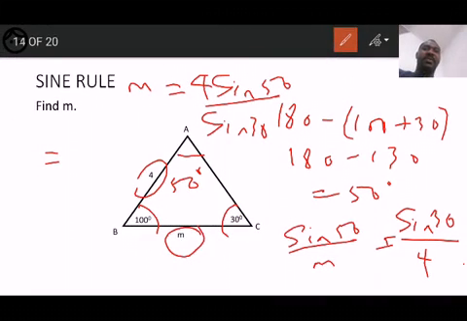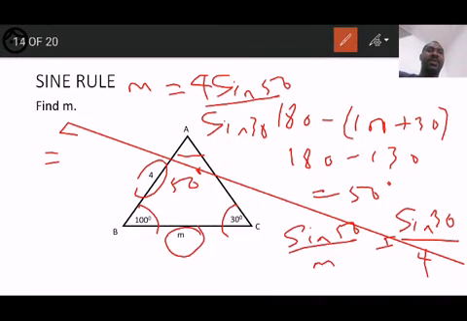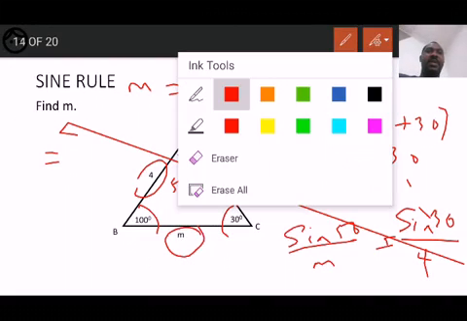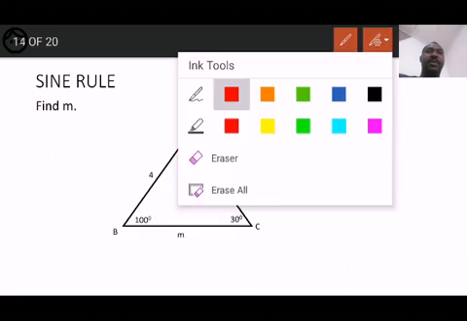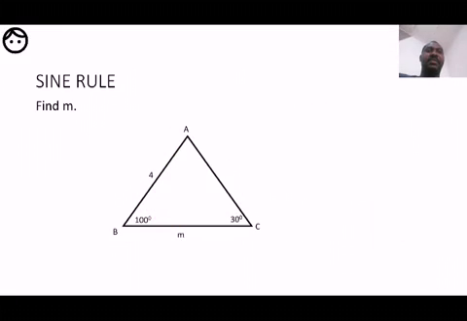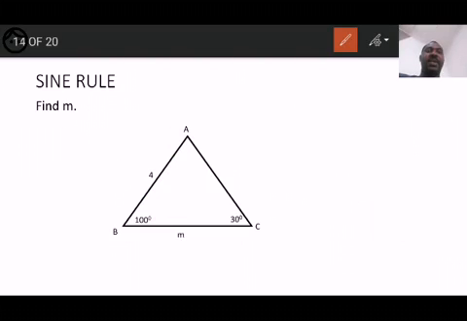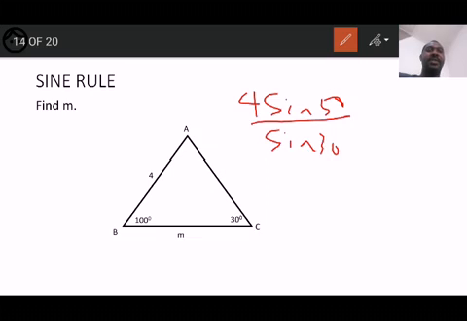Sorry about that, that's a mistake. So remember, we have 4 sine 50 divided by sine 30, which is going to be 4 times 0.766 divided by sine 30, which is obviously 0.5.